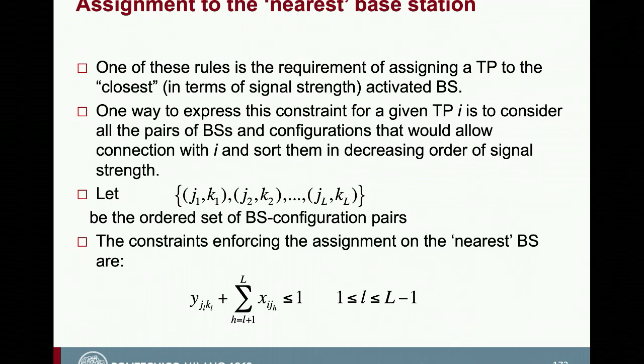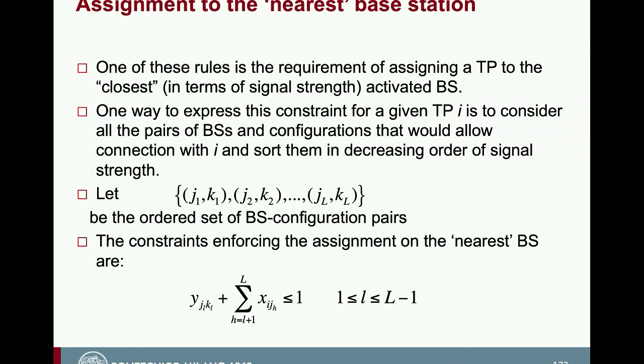So if we try to mimic in the model this cell selection process done by the terminals, we should be assigning a test point to the base station that is received with the highest signal, right? Depending on the propagation and on the emitted power, we basically have a ranking.